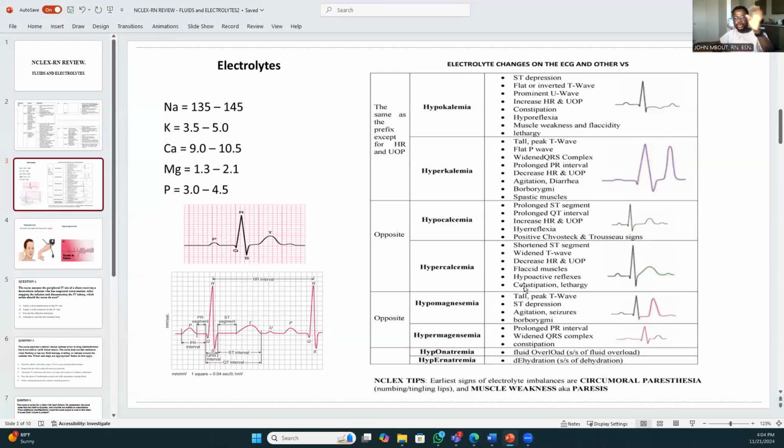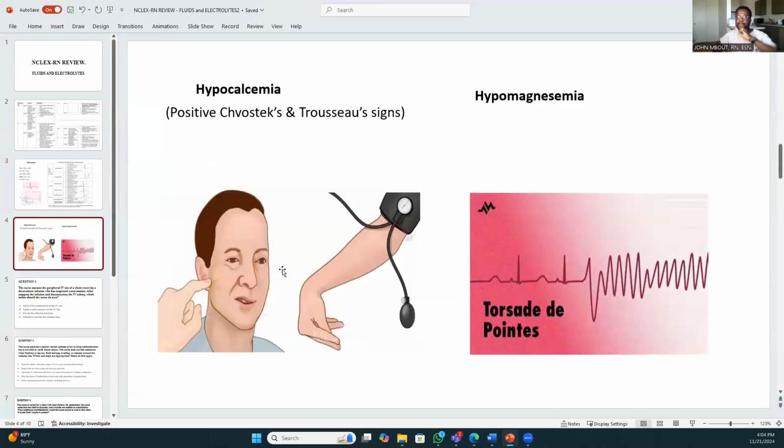Most importantly, I want you to know this sign. Let me show you this picture. Hypocalcemia. Positive Chvostek sign means when we touch the facial nerve here at the corner of our ear, we will have a contraction of our facial muscles.